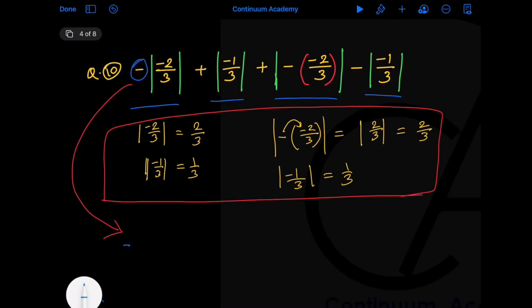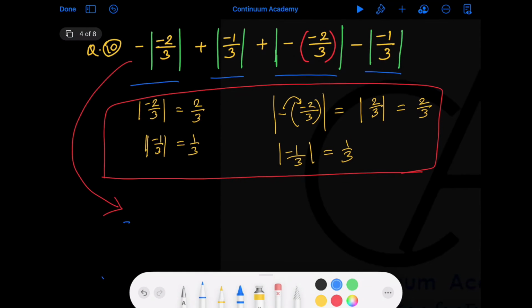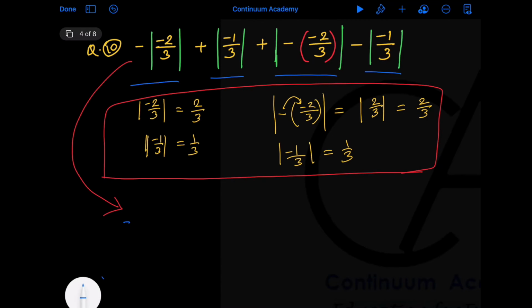We also have one minus here outside the mod. Outside the mod means you will not operate this minus with this mod. In the question it is not given. If in your question it was mod like this, then you are going to operate, but there is no mod here, so we are not going to operate. So minus is equal to minus 2 by 3.